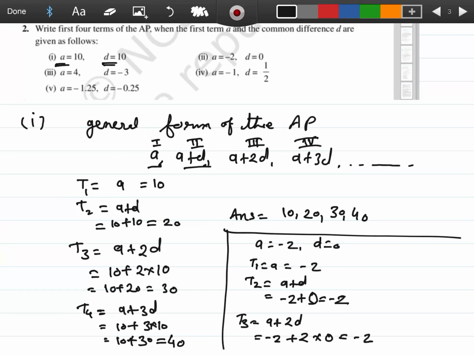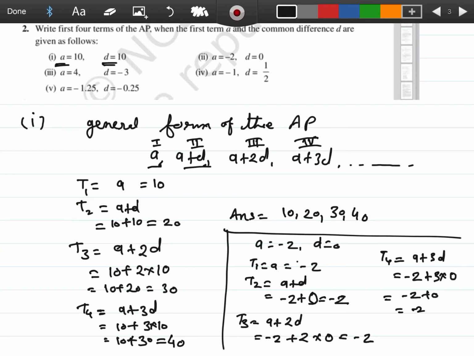Again it will be -2. And T4 is equal to A plus 3D. Now however many times you increase 0 in this, what result will you always get? -2 plus 3 into 0. So -2 plus 0 is -2.